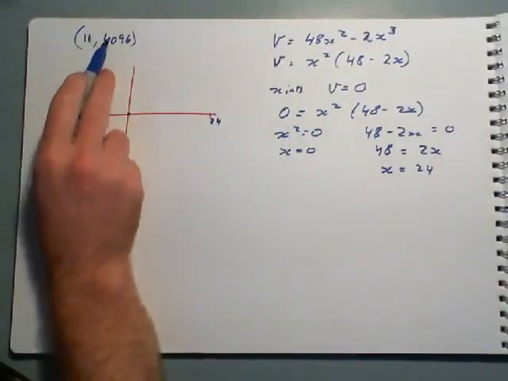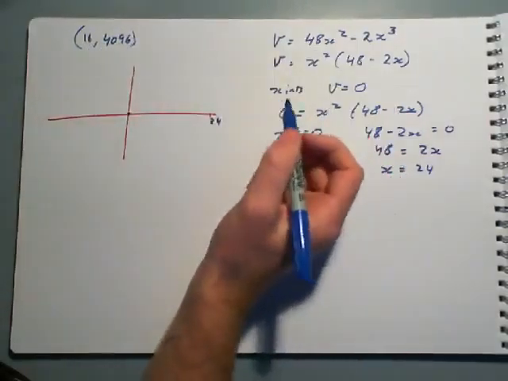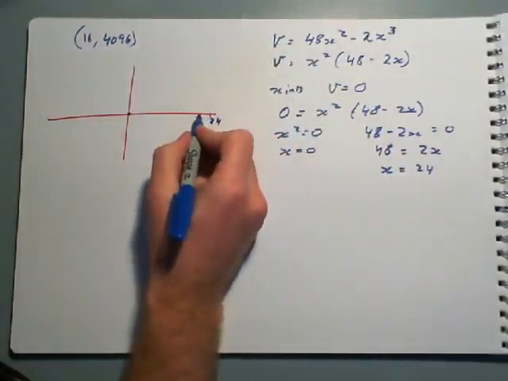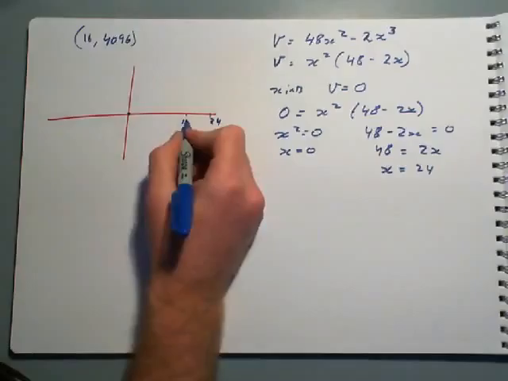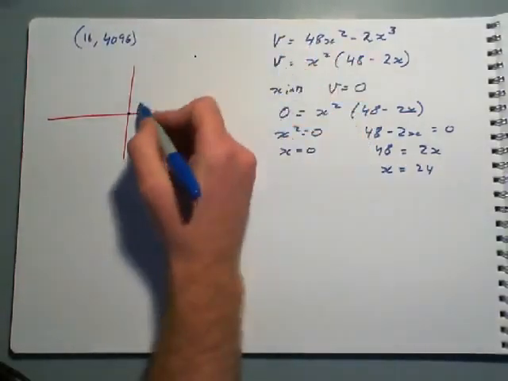Now we know that (16, 4096) is a turning point. So 16 is somewhere over here, we'll say, and up here is going to be the turning point.